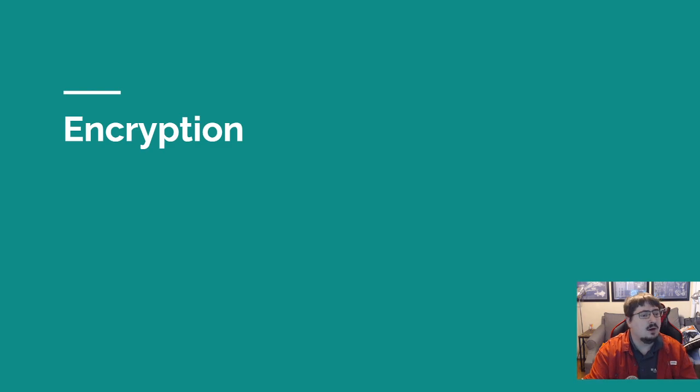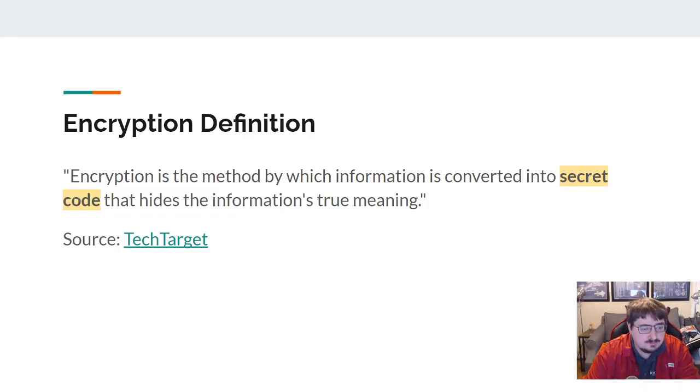Encryption is a method by which information is converted into a secret code that hides the information's true meaning. In general, when we're working with encryption, we're talking about codes, and encryption and codes have been around for a long time.